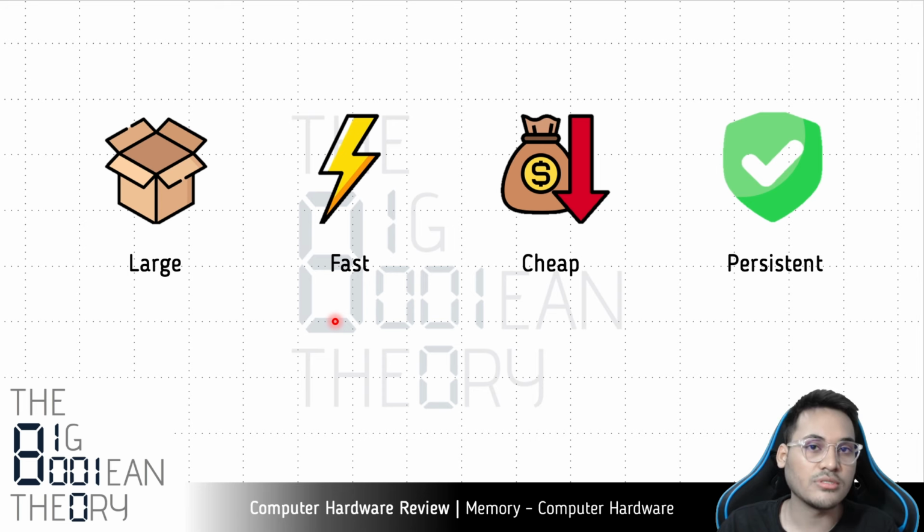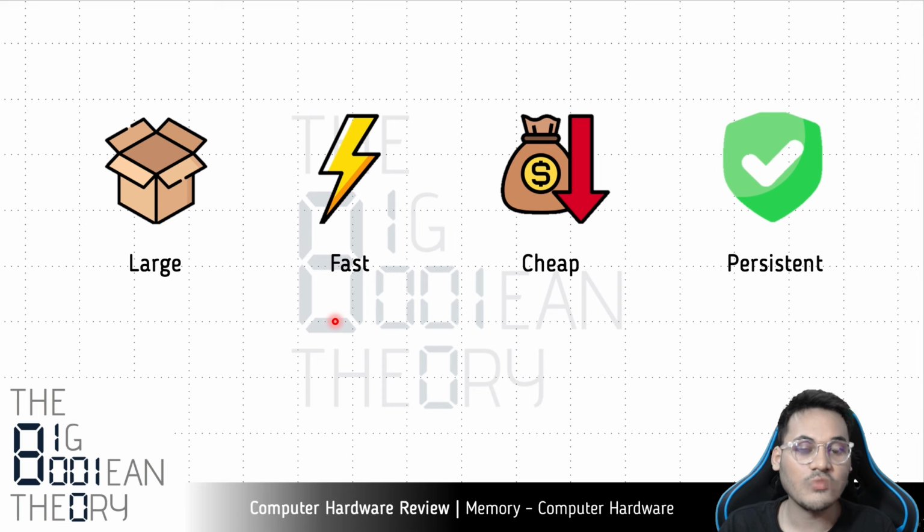So the speed goes down. Capacity and speed are at odds with each other. It is very difficult to build a very large memory with a very high speed. Smaller memories are faster and larger memories are slower. This is the rule of thumb. So there is a trade-off between capacity and speed.